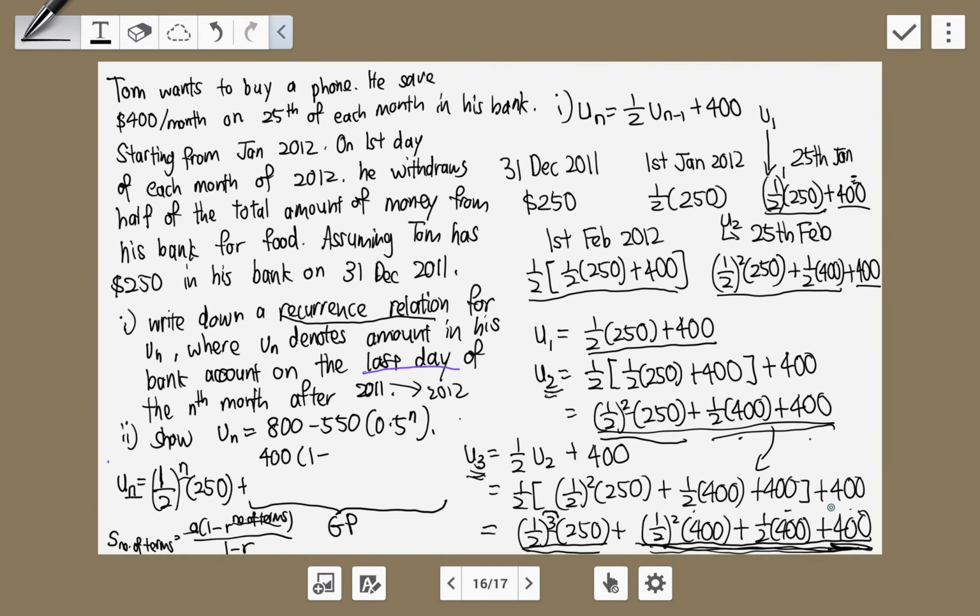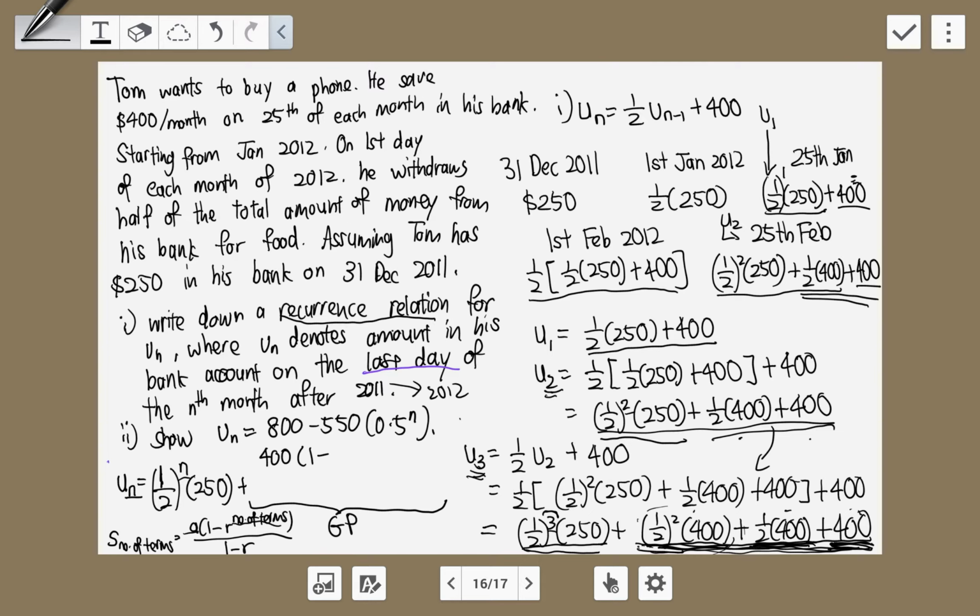A geometric progression has a common ratio between the subsequent term and the previous term. If I multiply half to 400, I get the next term, half times 400. If I multiply half again to this term, I get half square times 400. As my U3 goes to U4, you will see that this pattern gets repeated and the terms become more and more, and each subsequent term is a half times the previous term. So therefore my common ratio is half.